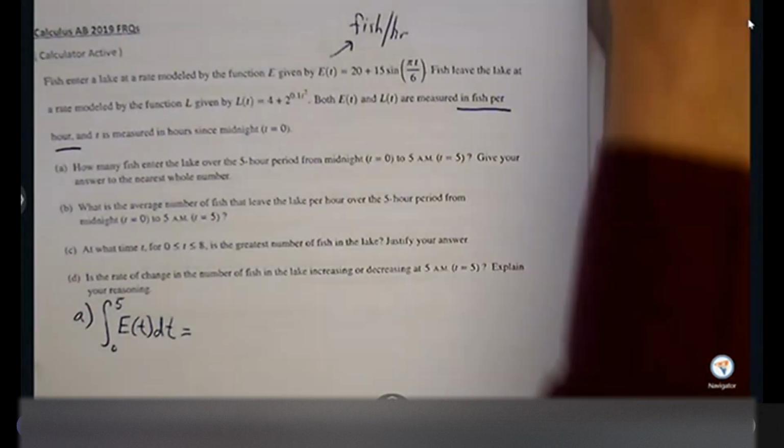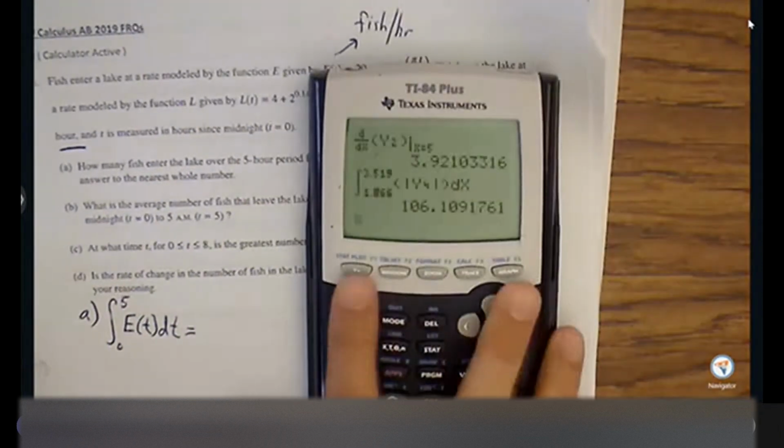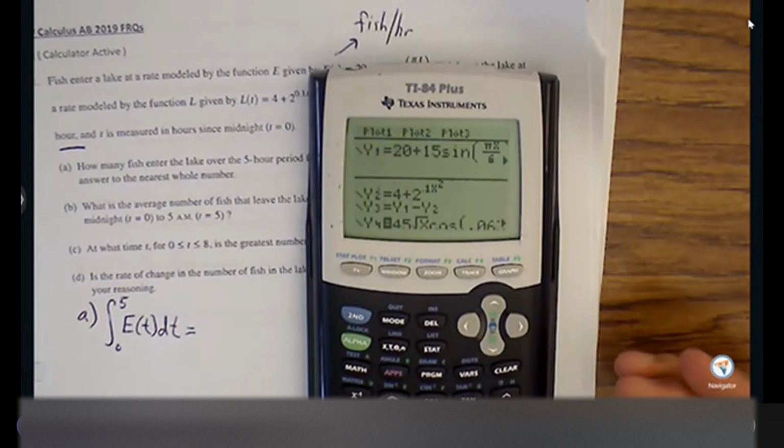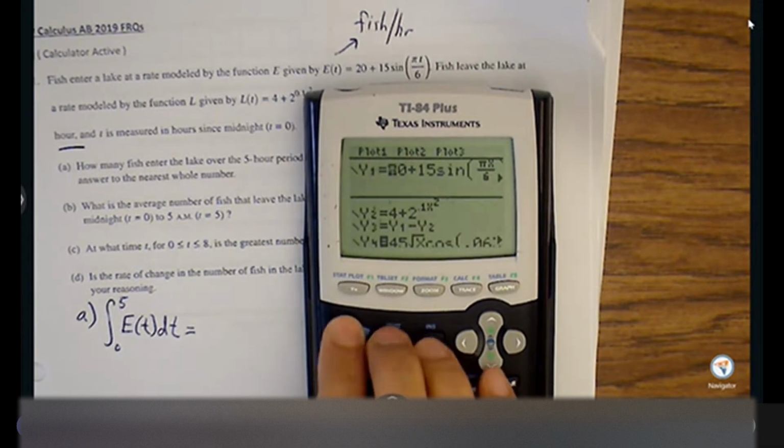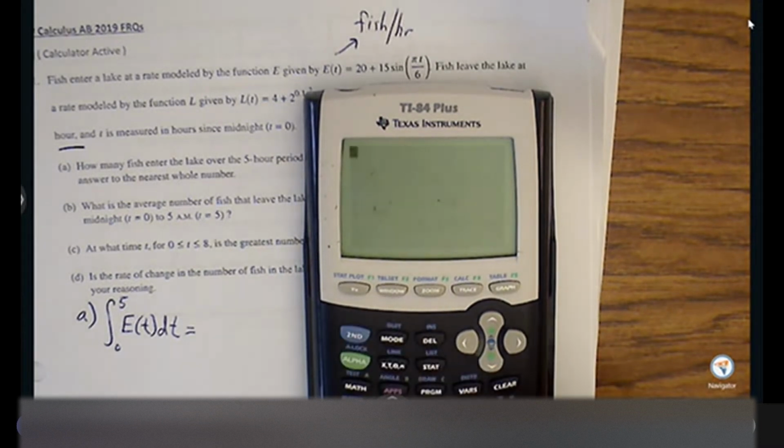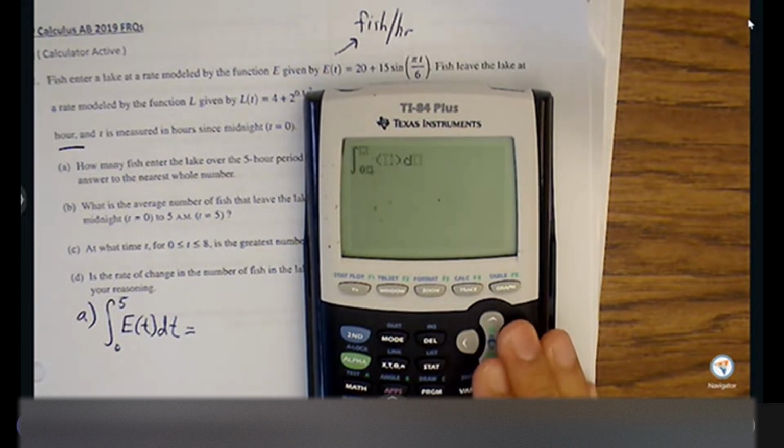Okay, so we go to our calculator. We'll enter in E of t under y1. So 20 plus 15 sine of pi x over 6. I'm going to exit out, go to the main screen, math 9, an integral from 0 to 5.